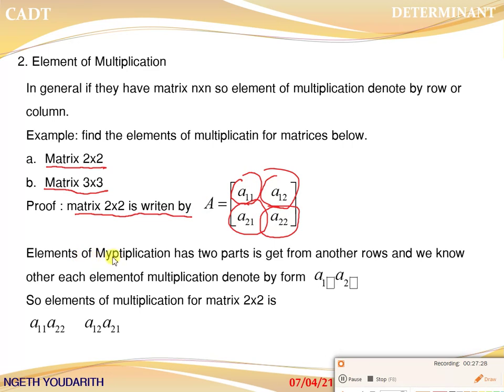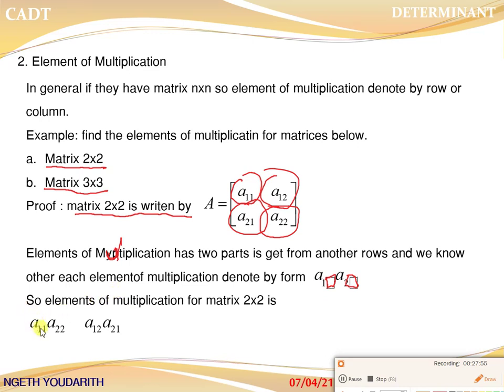Element of multiplication. This one is multiplication. Multiplication has two parts. It is gotten from another row, and we know each element of multiplication is denoted by the form A1, and then any other of the row and the column that we write.